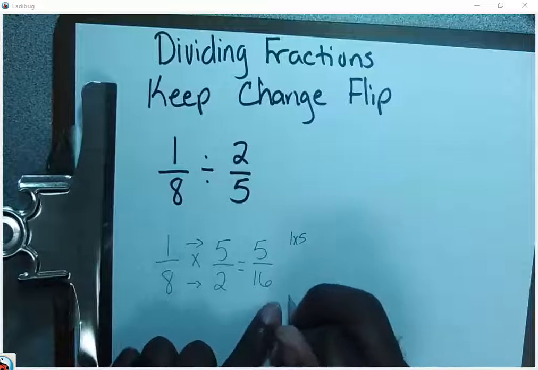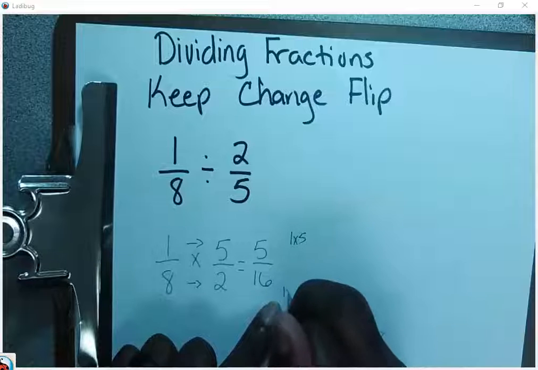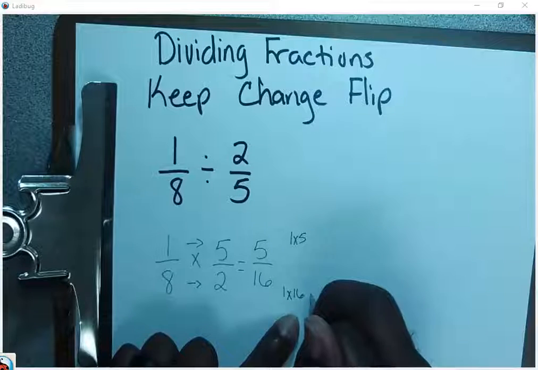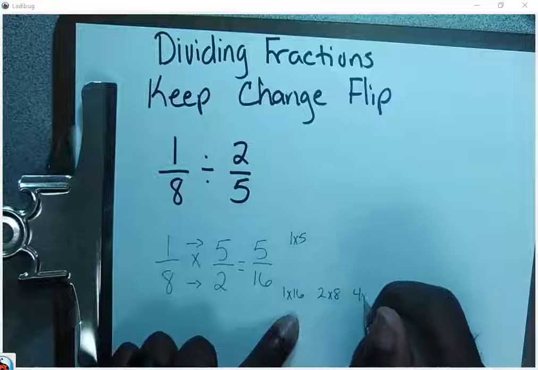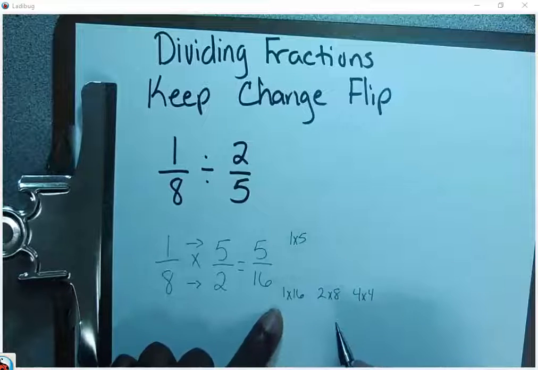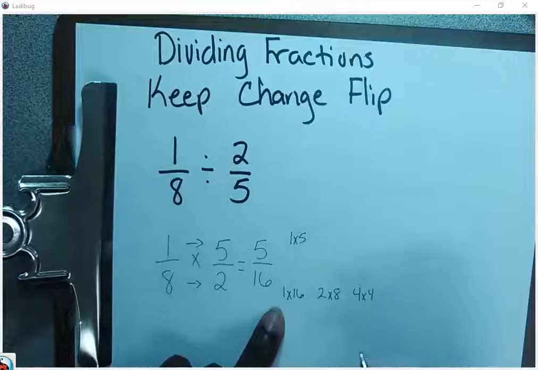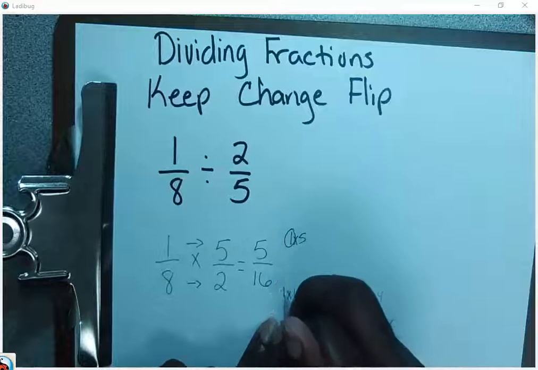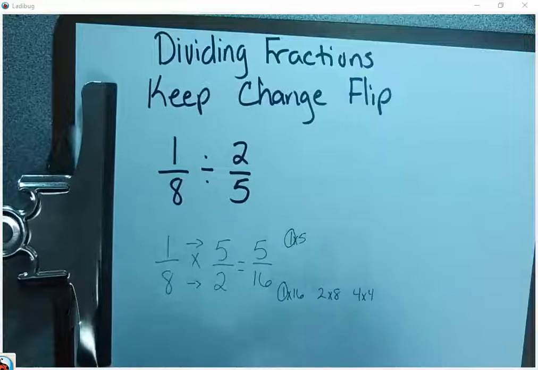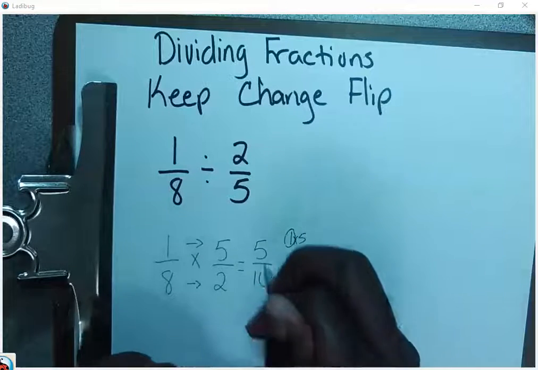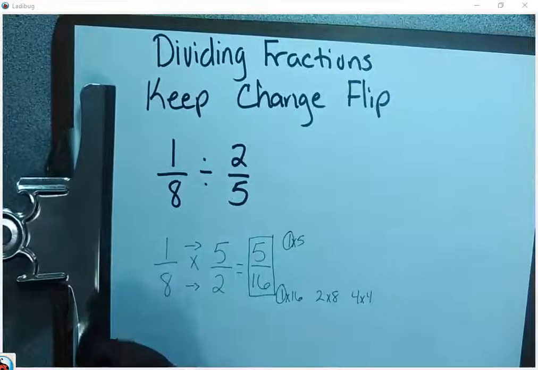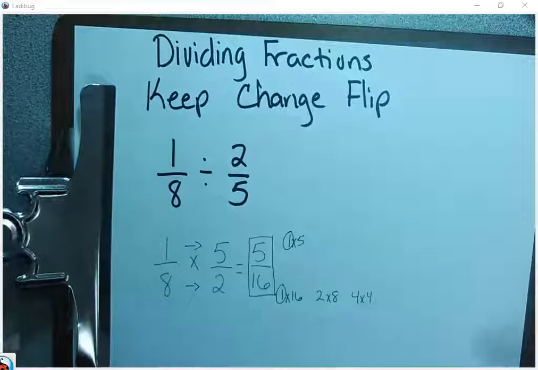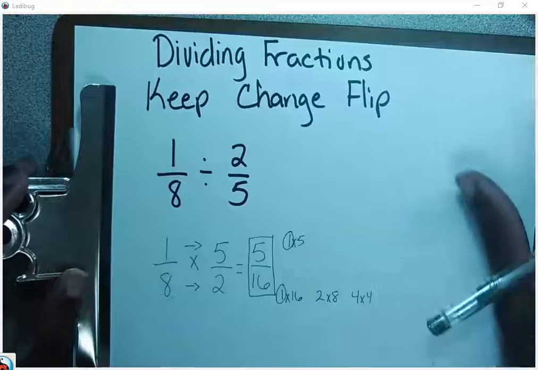For 16, I have 1 times 16, 2 times 8, and then 4 times 4. Looks like the greatest factor they have in common is 1. So being that their greatest common factor is 1, I don't need to simplify, and my answer for this particular problem will be 5/16.